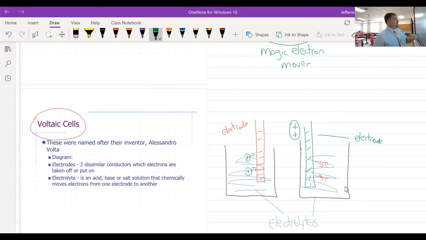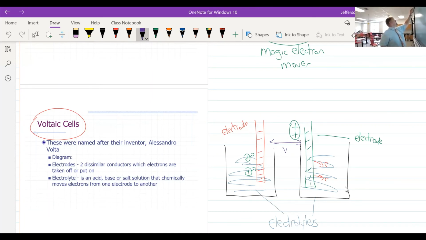Now, it doesn't always have to be the electrons ripped off and positives put on. You could do the opposite. You could rip off positives, put on negatives. It depends on the metals, the electrolytes, and the solutions that you have. But what you will end up having is a voltage, a difference of potential between those two. This voltaic cell is our magic electron mover.